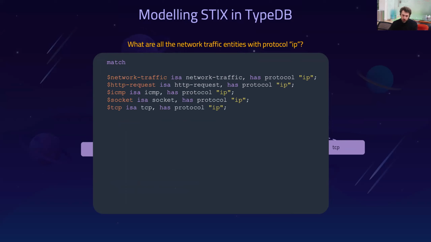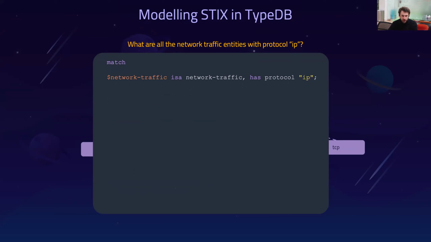But one of the reasons why you would want to use type hierarchies is because we get type inference. By querying for the parent, in this case the network traffic, we actually infer every single subtype that we're asking for, and effectively the query becomes much less verbose. And of course, this can become much more complex if we have a more complex hierarchy.